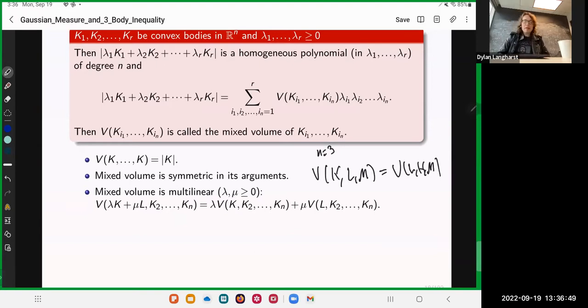And also it's multilinear. So in each argument, if I have coefficients and two bodies, I can distribute. Here it's Minkowski sum, and here it's sum of two vectors.